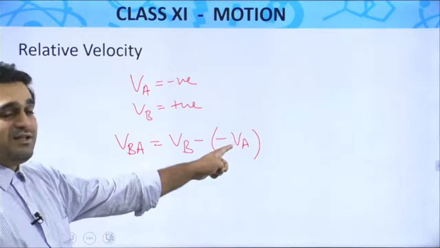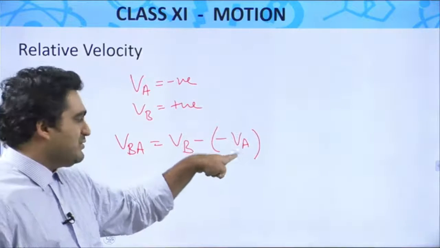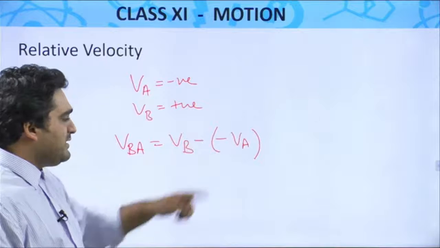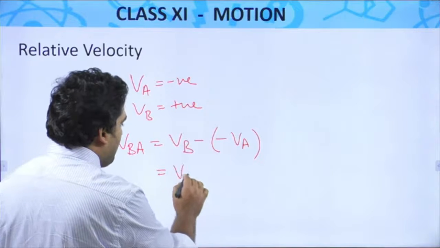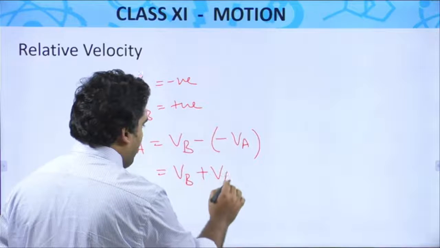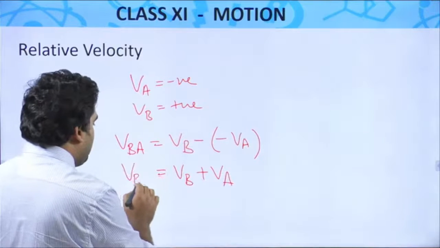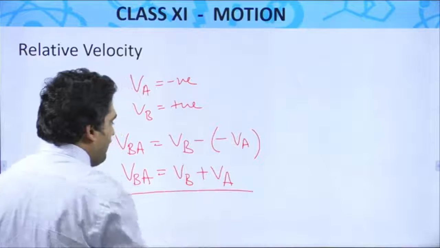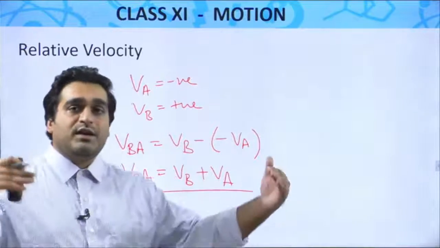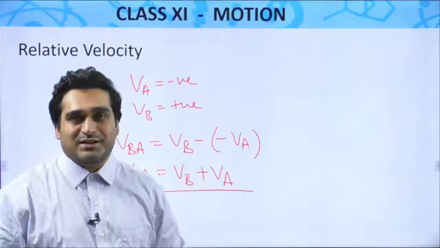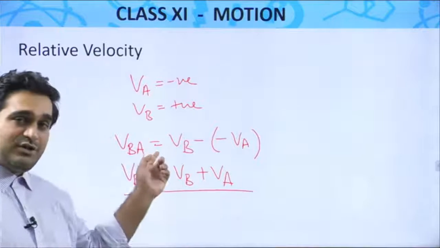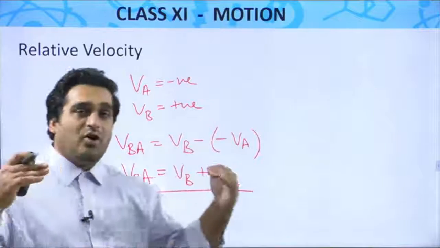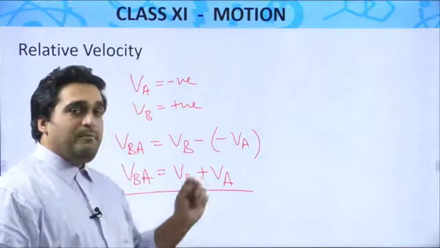Since train A is traveling in the negative direction, its velocity will also be negative. Minus into minus as a sign multiplication is plus VA. So this would be the relative velocity of two objects moving in the opposite direction to each other. Moving along the same direction, we saw it was negative, but moving in an opposite direction, they become positive.